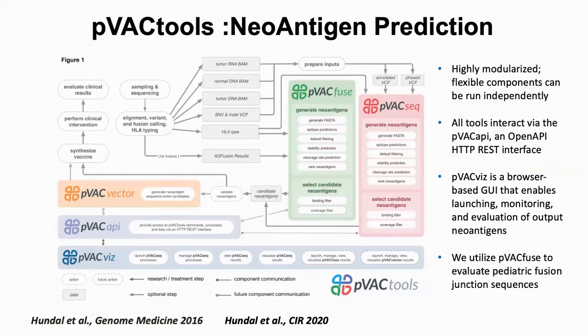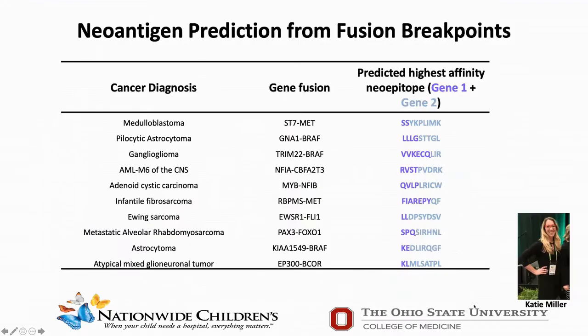In the next example I'll show you, we've used the pVACfuse module to evaluate the potential for fusion drivers in pediatric cancer to be neoantigens. This is work from Katie Miller, my postdoc, shown in the lower right-hand corner, where we've taken a subset of different diagnoses from different patients where gene fusions have been identified, and Katie has evaluated the fusion junction in the reading frame between these fusion partners and come up with high affinity neoepitopes in many of the cases.